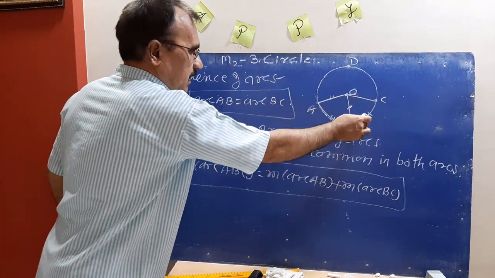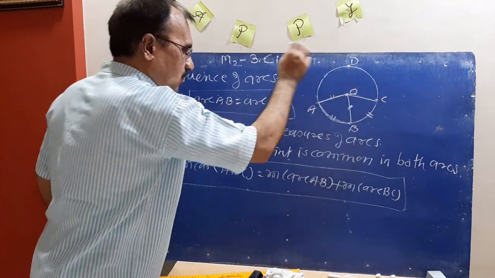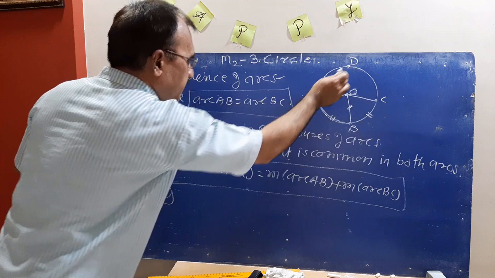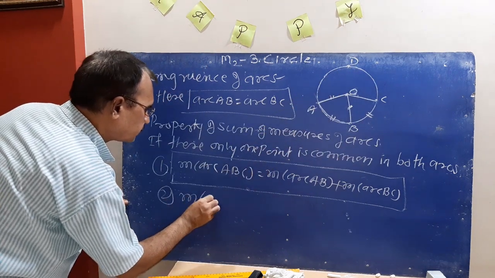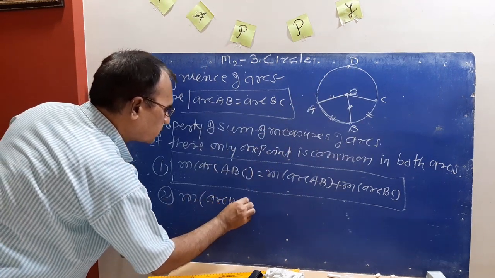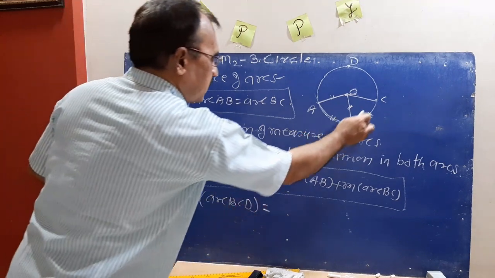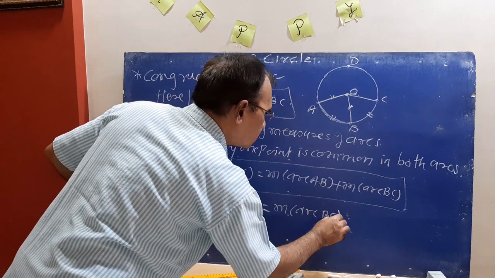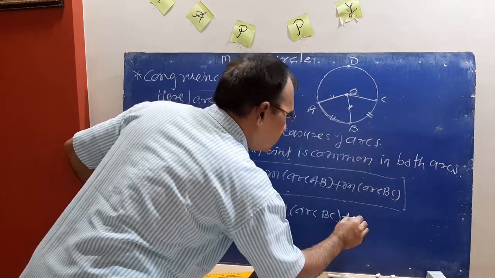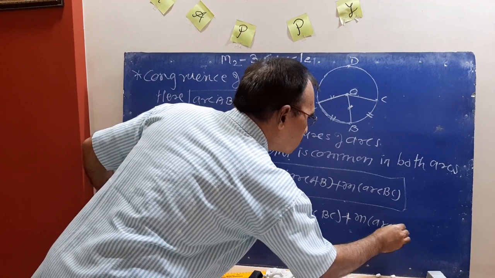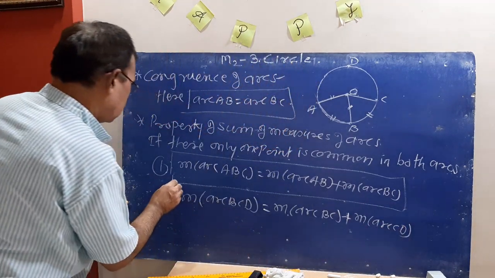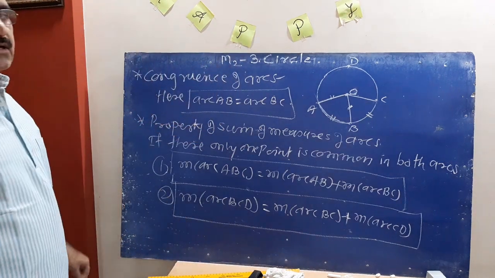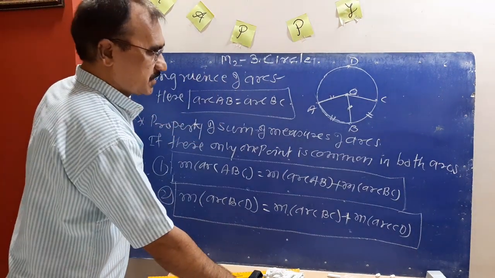Here in arc BCD, point C is common. Means measure of arc BCD is equal to measure of arc BC plus measure of arc CD. This is the sum of measures of arcs. What is the principle?